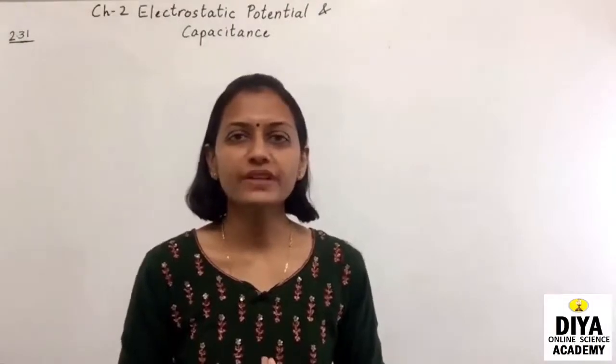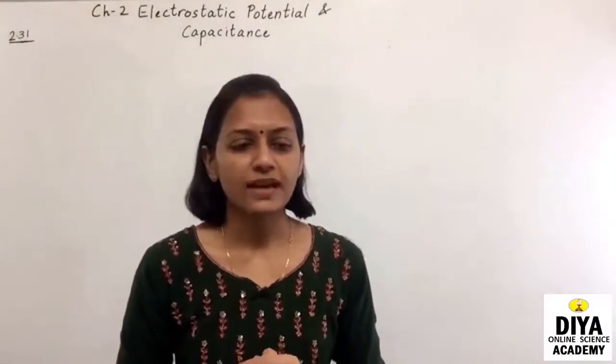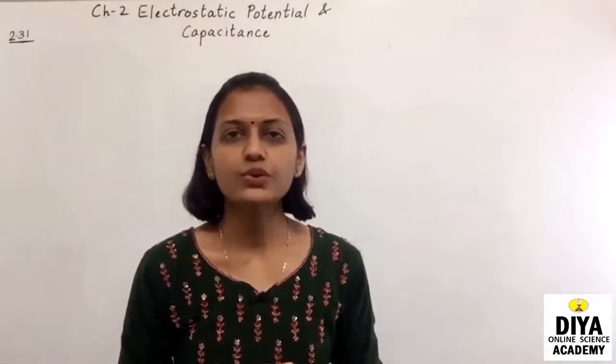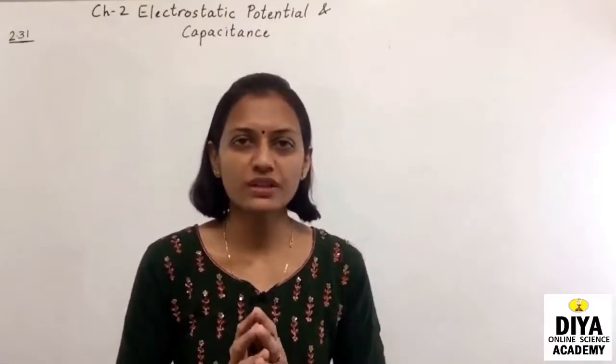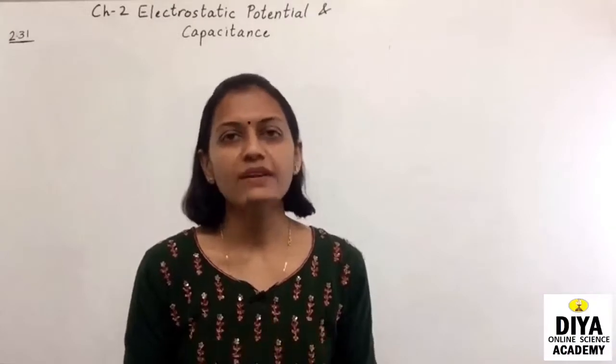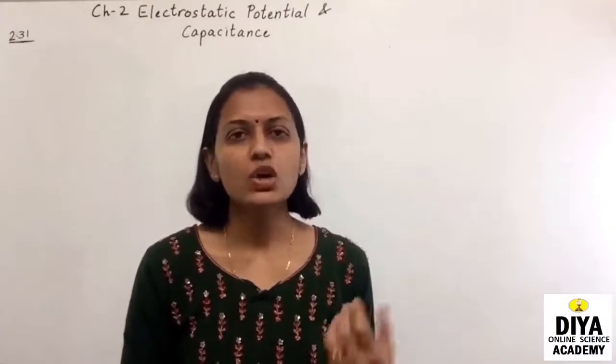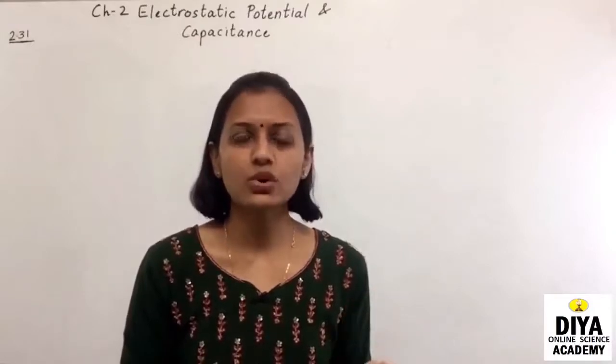Question number 2.31 says, answer carefully. Two large conducting spheres carrying charges Q1, Q2 are brought closer to each other. Can we apply the formula already derived by Coulomb, stated in Coulomb's law?